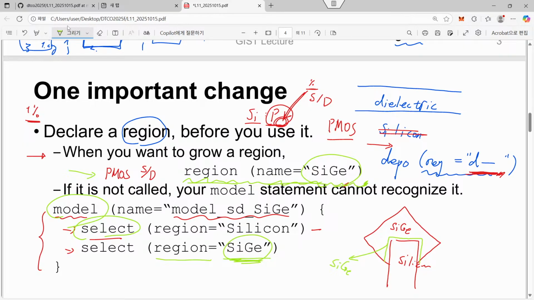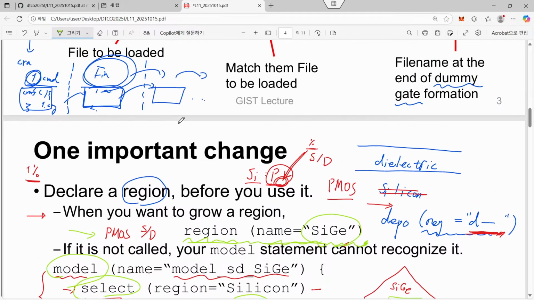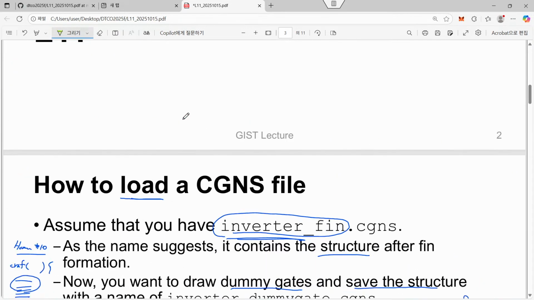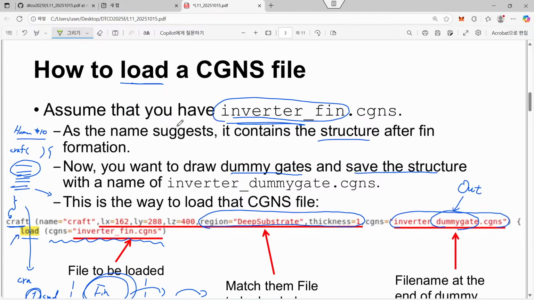This is the motivation of this important change. I'm a little bit afraid that when you repeat our homework 10 in order to use this load capability, then even though you have not changed anything, the behavior of our newer code can be different from your previous one.